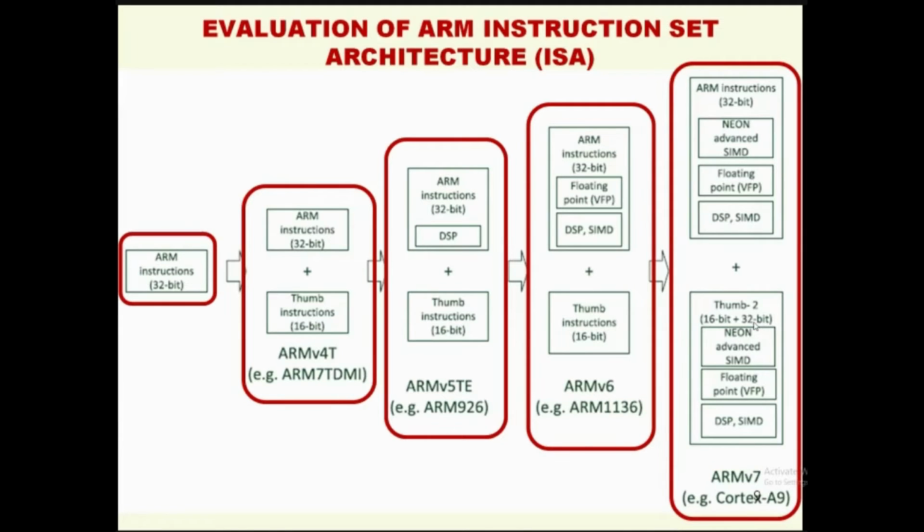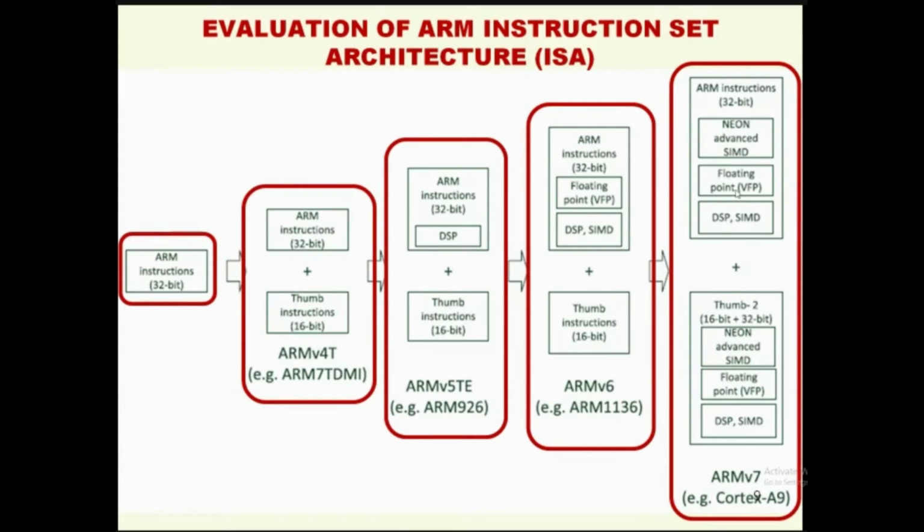Whatever we are able to do with 32-bit ARM instructions, that is NEON advanced SIMD, floating point operations, DSP, single instruction multiple data, all the features which we use in ARM instructions can be done in the Thumb instructions also, as we see here: NEON advanced SIMD, floating point, DSP, SIMD. So what we do with 32-bit ARM instructions, the entire thing can be done with 16-bit as well as 32-bit Thumb-2 instructions.